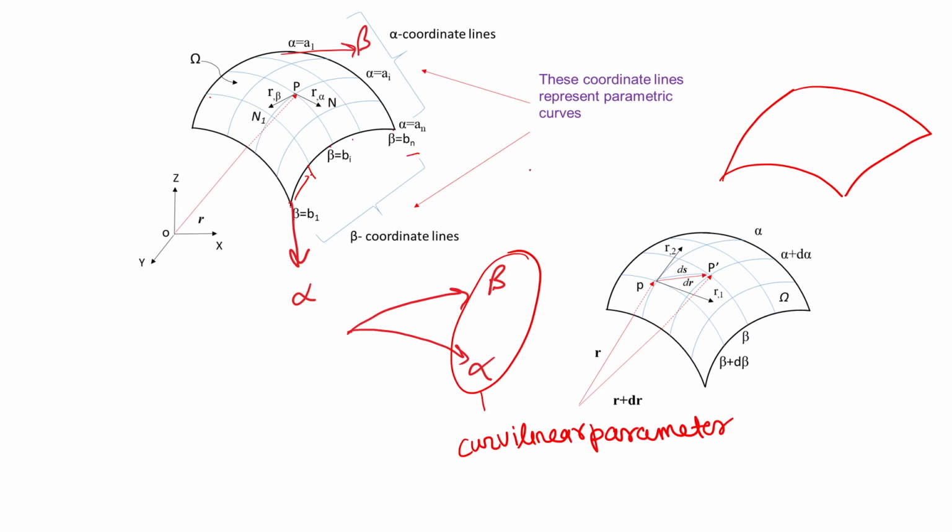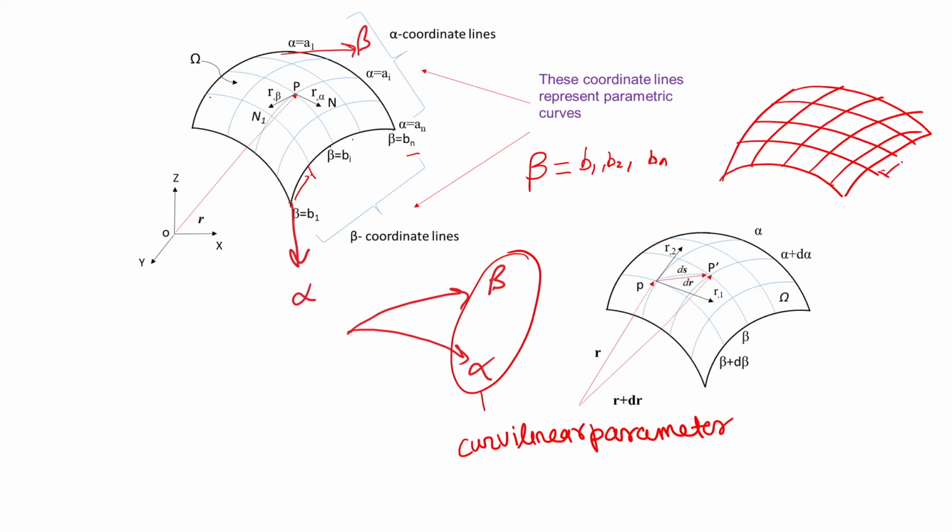So, the beta curvilinear coordinate takes values B1, B2 up to Bn. Similarly for alpha, these are basically the curvature lines, we are drawing and making a grid over the surface. So, alpha takes values alpha 1, alpha 2, alpha 3 and so on up to alpha n. So, basically you draw lines parallel to these, like that we have prepared.